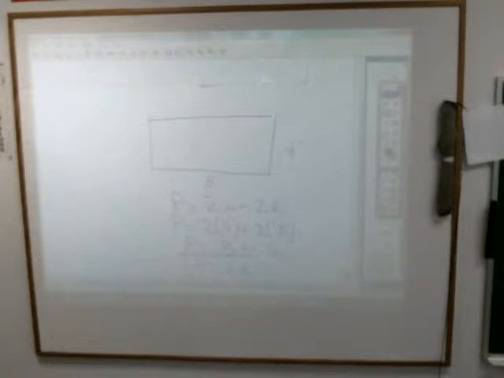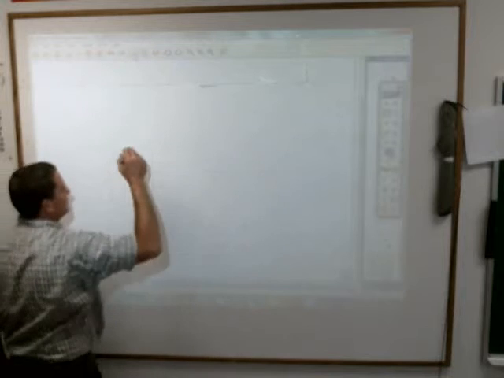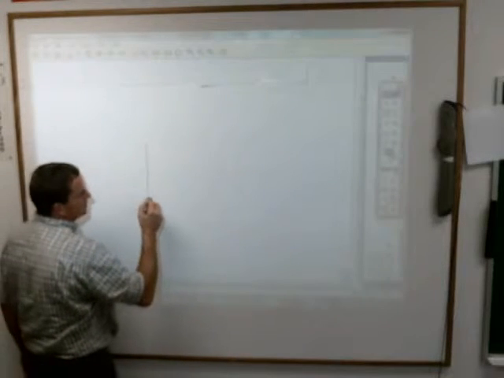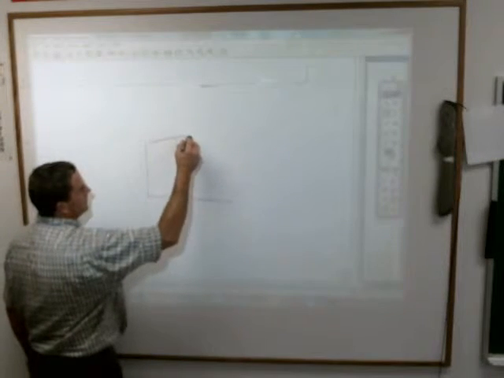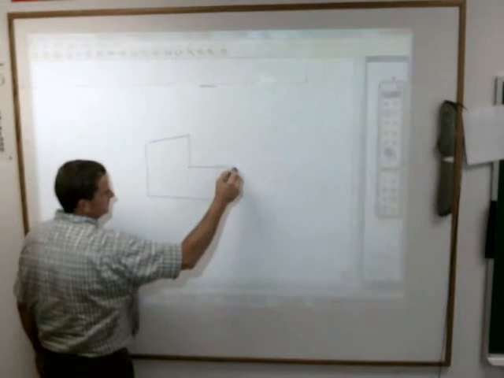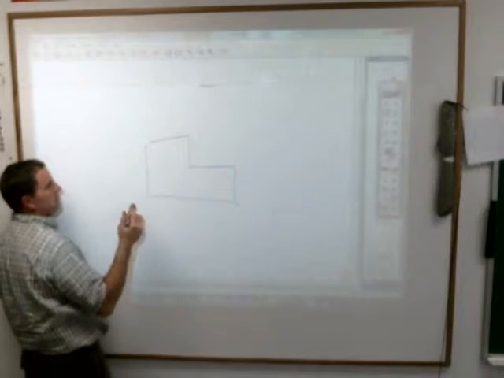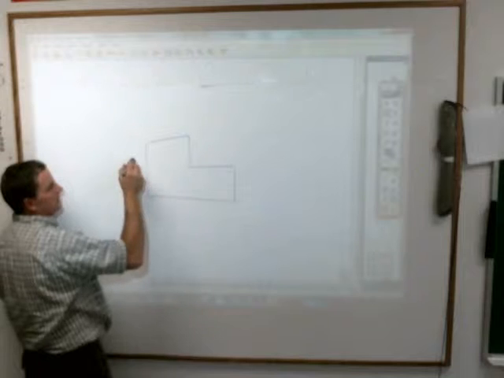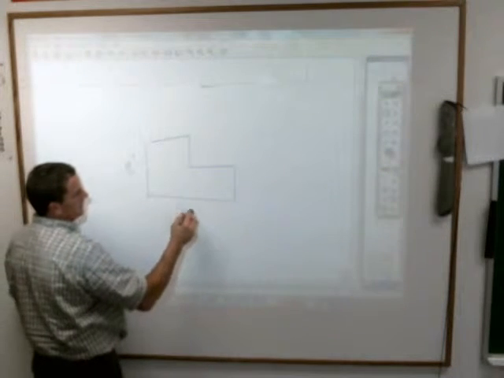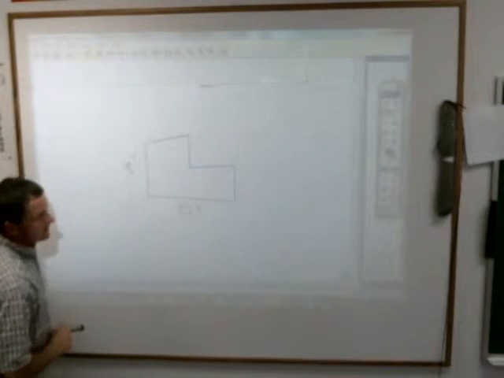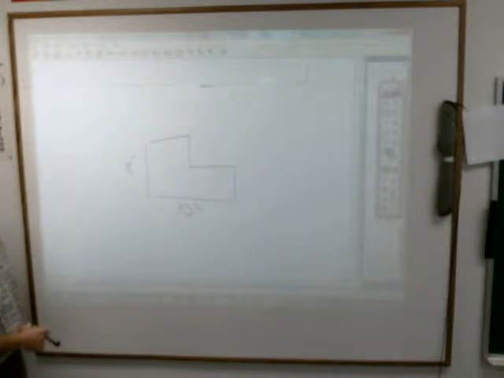No. Now, unfortunately, children, it gets a little more difficult than that. The book wants to challenge you just a little bit, and what they'll do is give you something that looks like this: not a nice rectangle, but a rectangle that's split up here. And if this is 8 inches and this is 10 inches, sometimes they'll give you all the other dimensions.